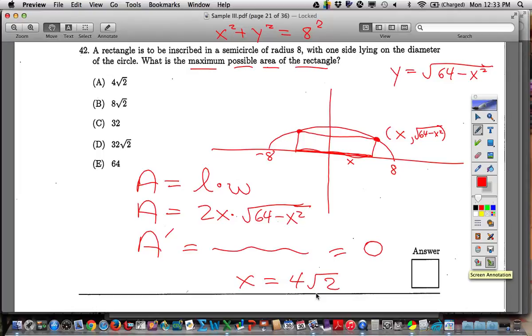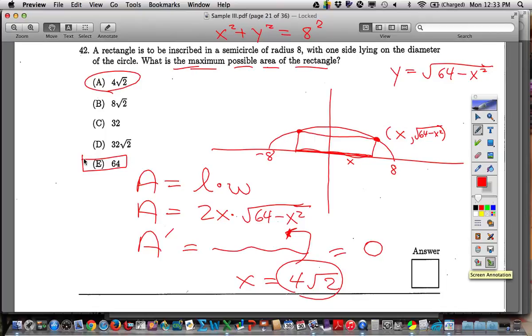Now, the danger here is you did all this work, you got your calculator out, you did all this, and then you circle that, and you'd be wrong. Because it says, what is the max possible area? So this is the X value. So you've got to take this and put it back into that guy right up there. And what's it come out? I think it comes out 64.